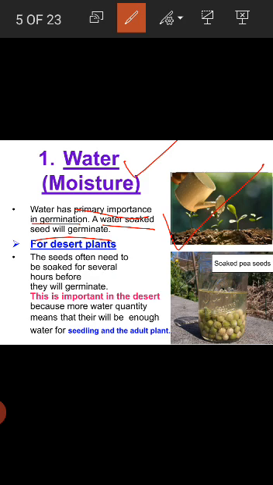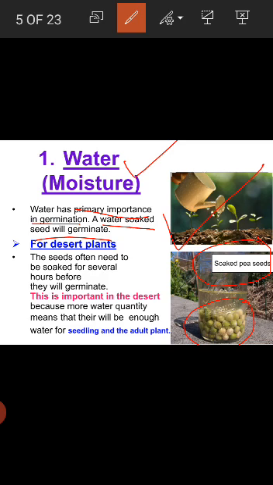Students, here in the picture you see a soaked pea seed, and in a beaker add some water and then add pea seed in it. So in this way all the seeds are soaked or wet. So there are a lot of benefits of soaking seed. Here I discuss two.